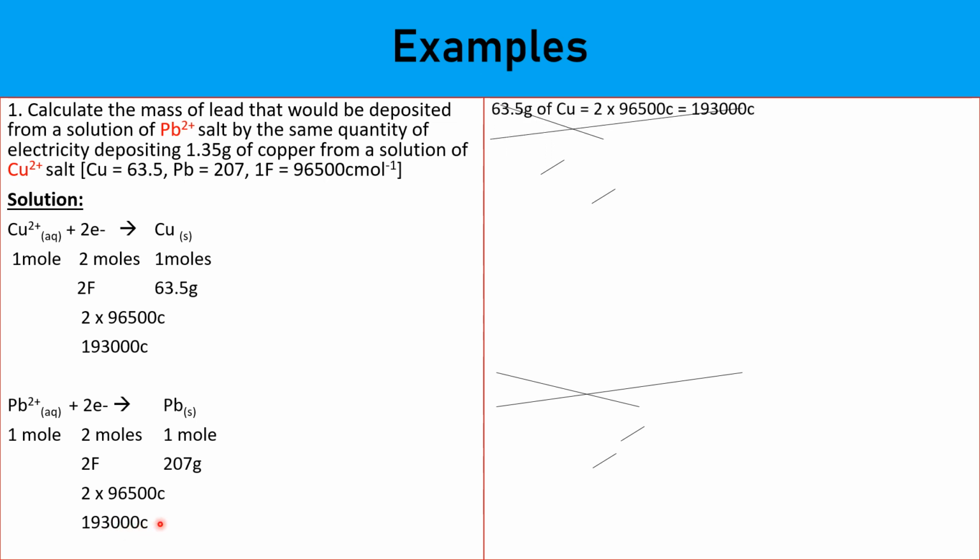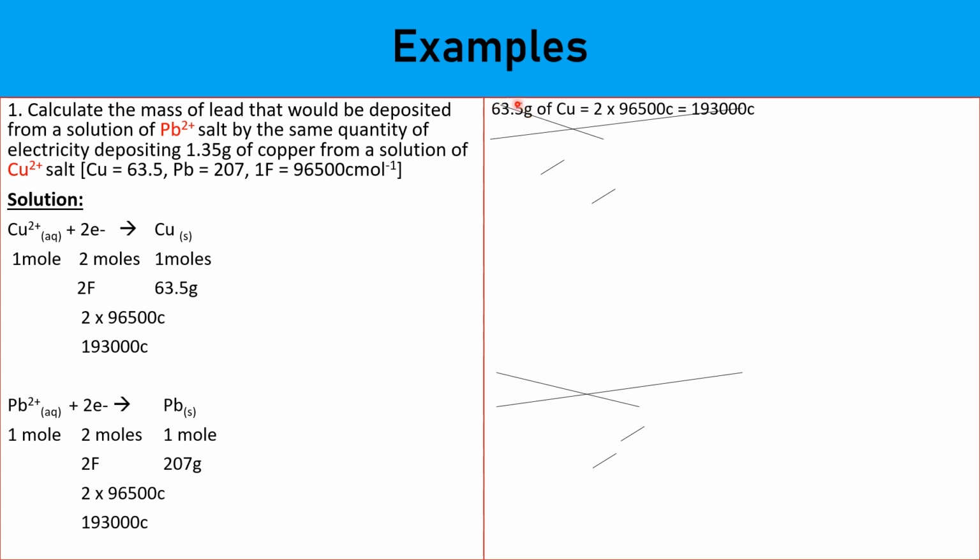So what do we do? From the equation here, 193,000 coulombs of electricity will deposit 63.5 gram of copper.